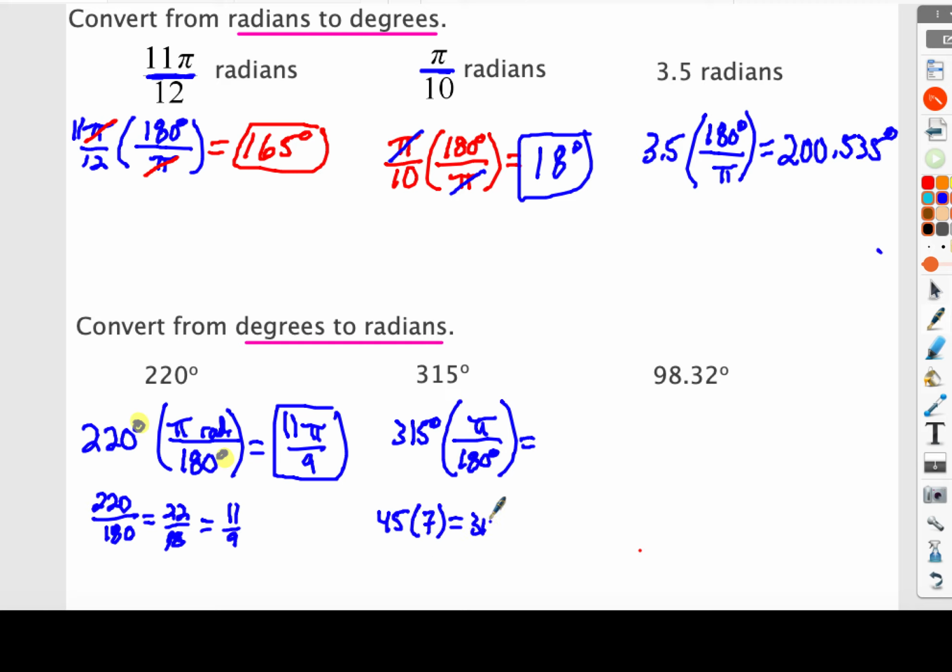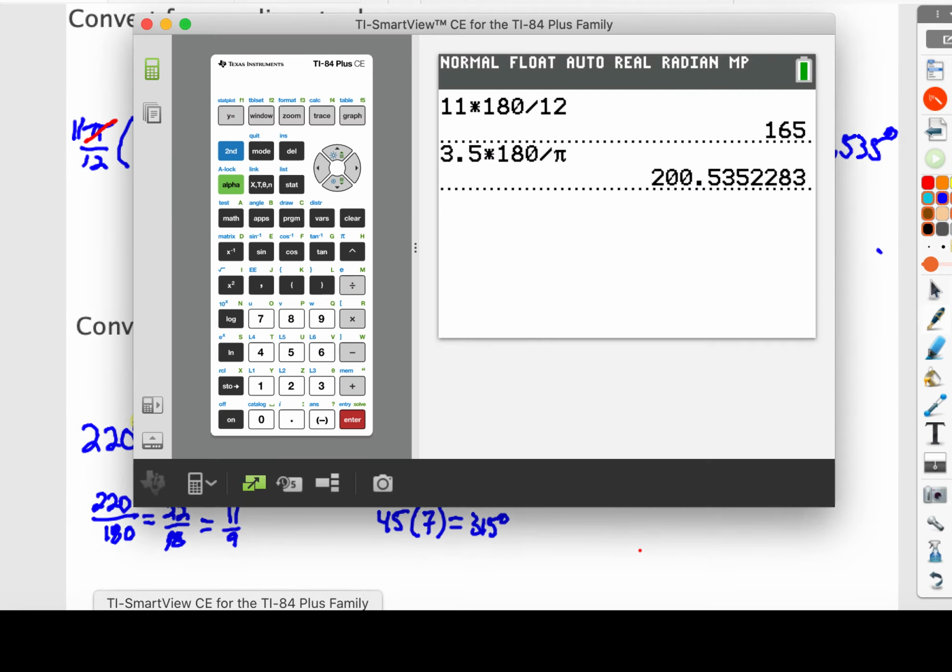That's 315. So if we just take out the 45, this would be 7. 180 divided by 45 would have been 4. Or if you double check it, 315 over 180 should be 7/4. Should we check that on our calculator? Let's just do that real quick. 315 divided by 180.